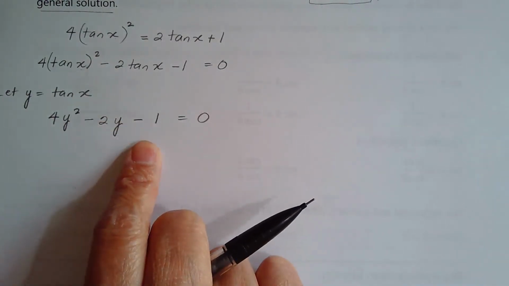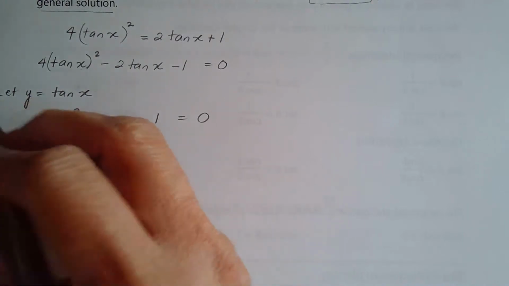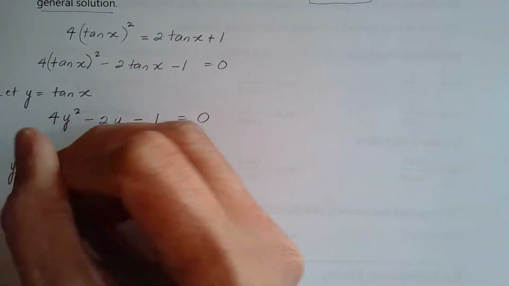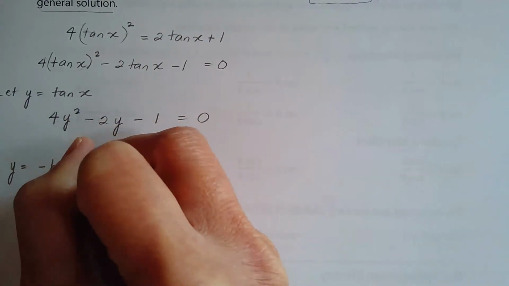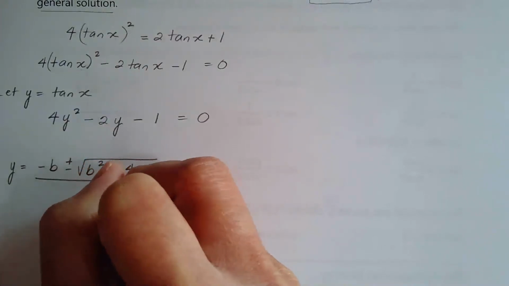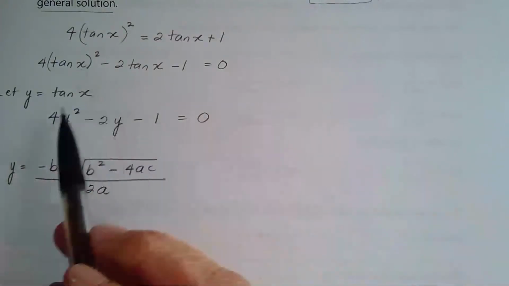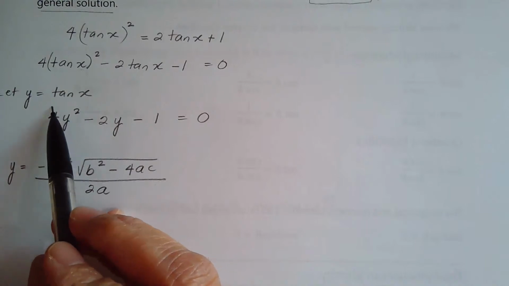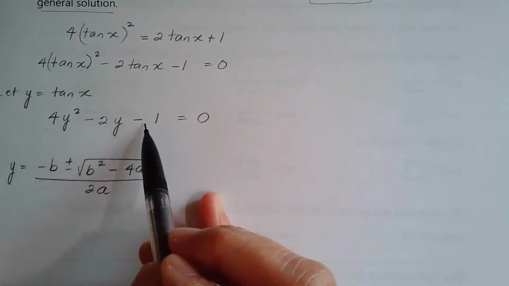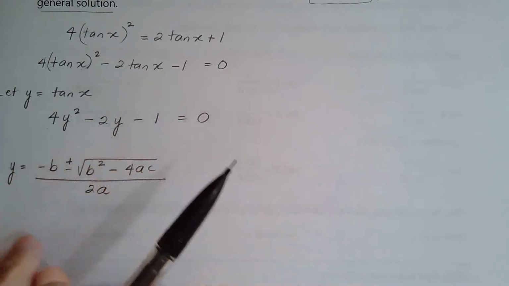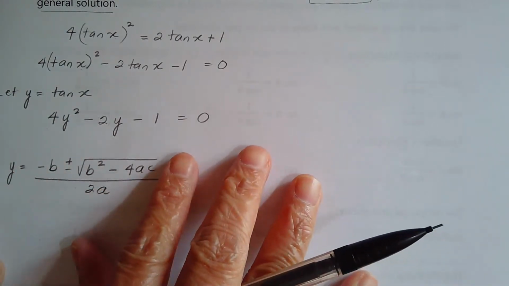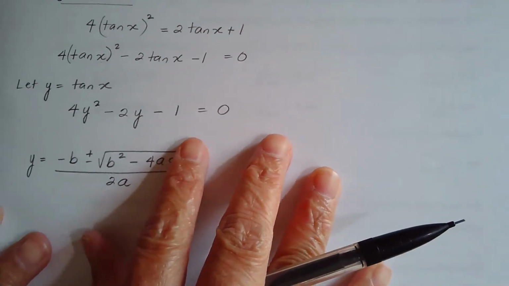So how do we use our quadratic formula for that? Because we're solving for y, I'm just going to put y in here. Negative b plus or minus root of b squared minus 4ac, divided by 2 times a. Okay, so a is 4, b is negative 2, c is negative 1. We learned this quadratic formula in grade 11 pre-cal.